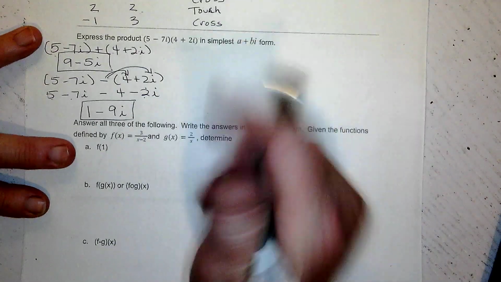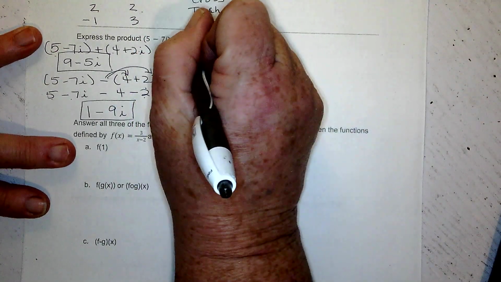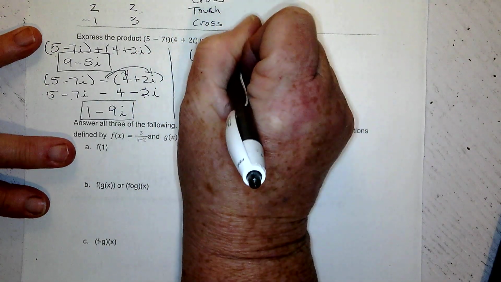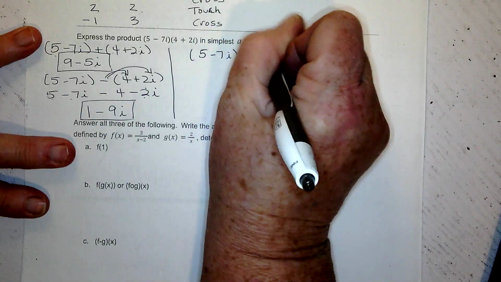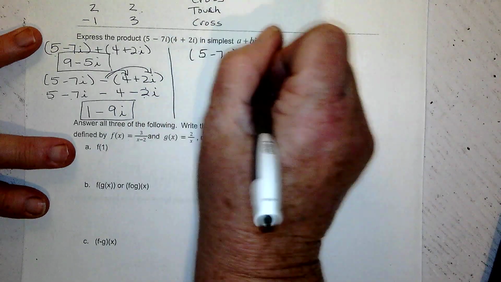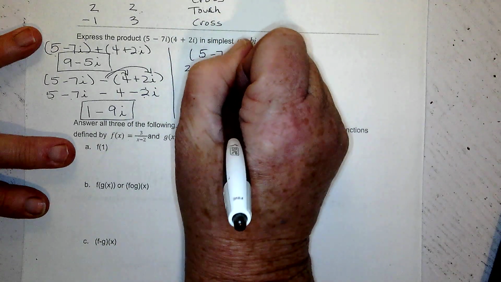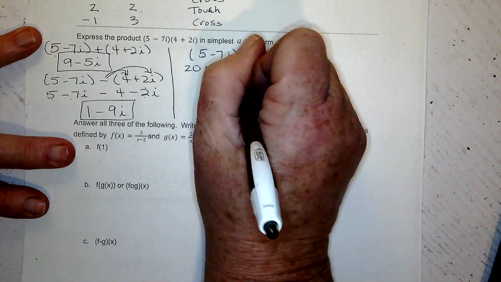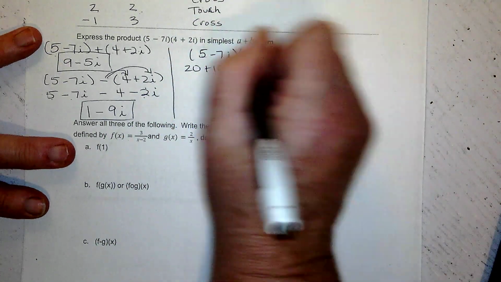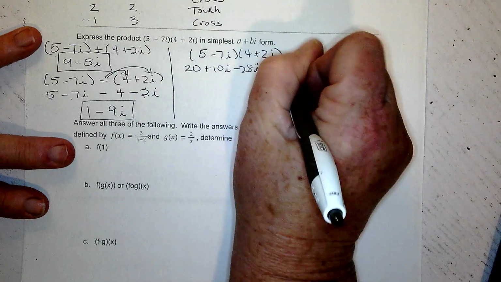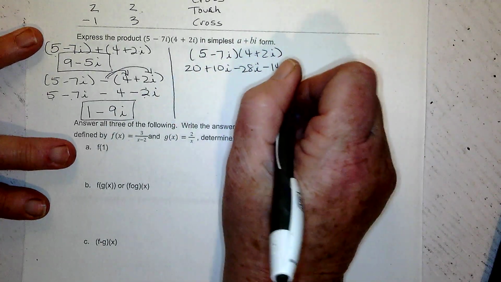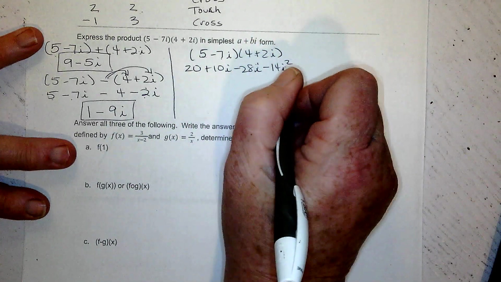Let's do what we have here, which is multiplying them. So for 20, I'm just distributing. Outer, inner, negative 28, and negative 14i squared. Remember, i squared is equal to negative 1.